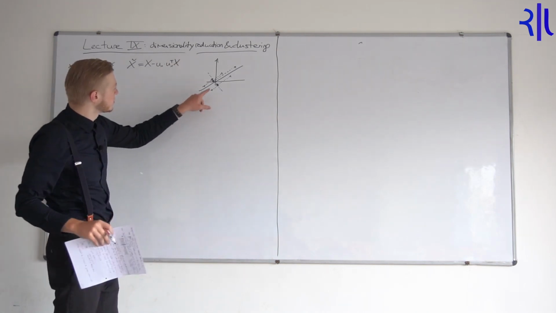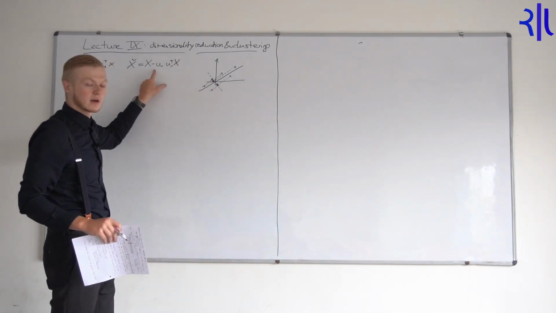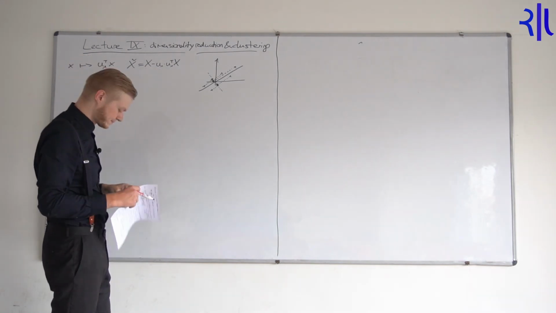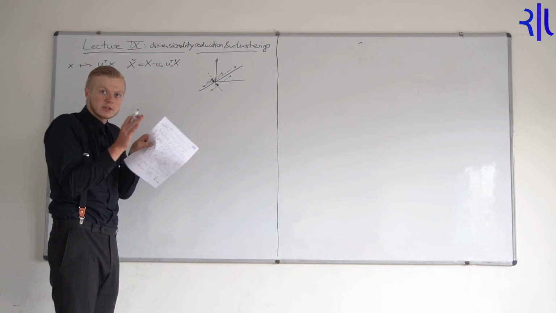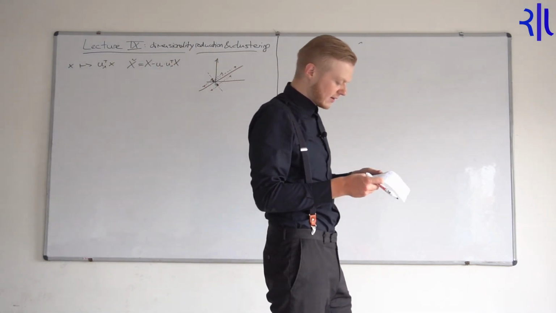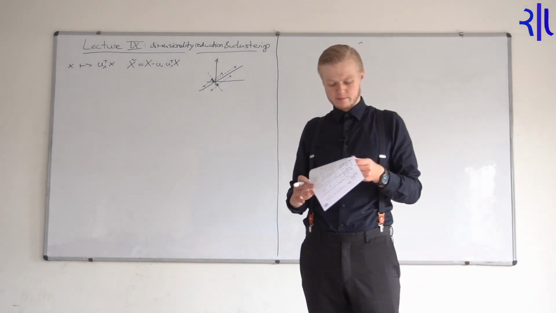So getting this projected data set here can be done by doing this calculation, by subtracting the component of u1. So now we have reduced the dimensionality of our data by one dimension. And we can repeat the process now.